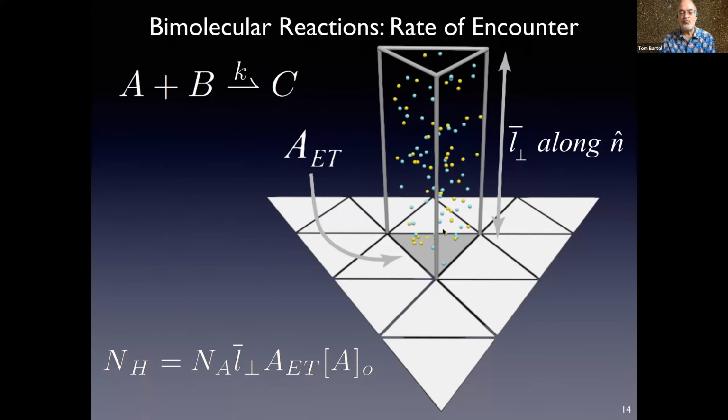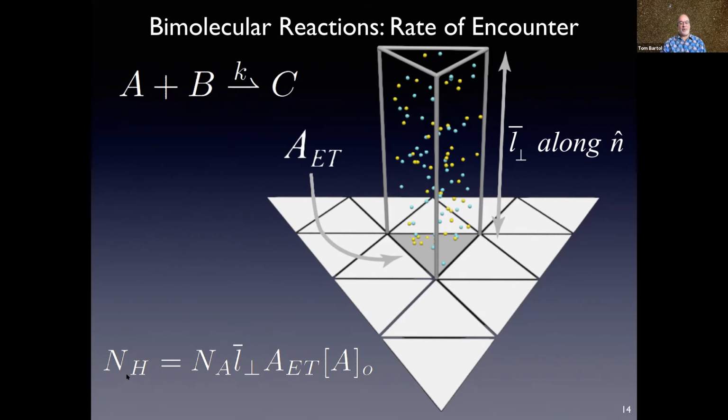Okay. And so in a single time step, remember this L bar perpendicular quantity here is the average diffusion step length that the particles will take in a single time step, average length normal to the surface. So in a single time step, these molecules of A will have a chance to hit the B molecule.